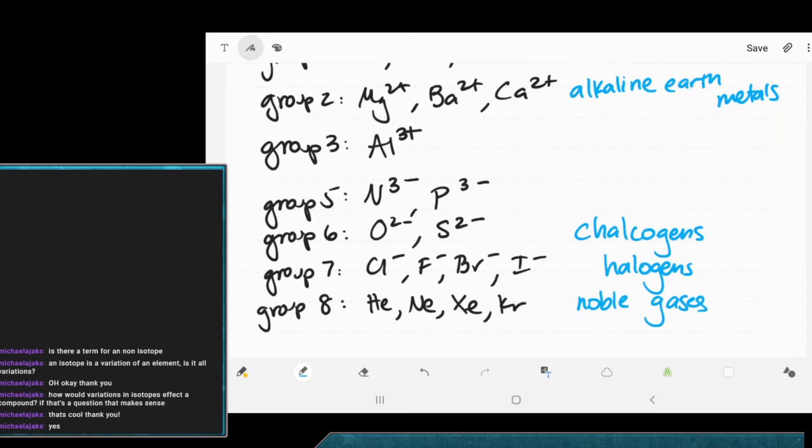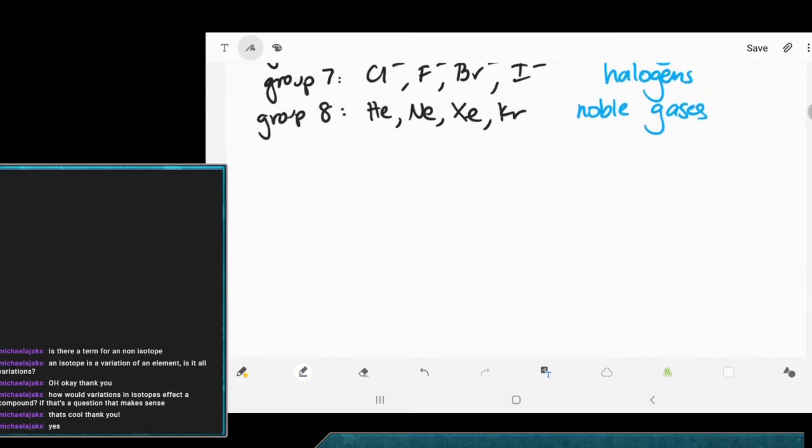These groups have names because things in a group tend to behave similarly, so they form the same preferred charges. All the halogens act the same way, so we have group names for them. Groups are columns, and we have names for some of them.